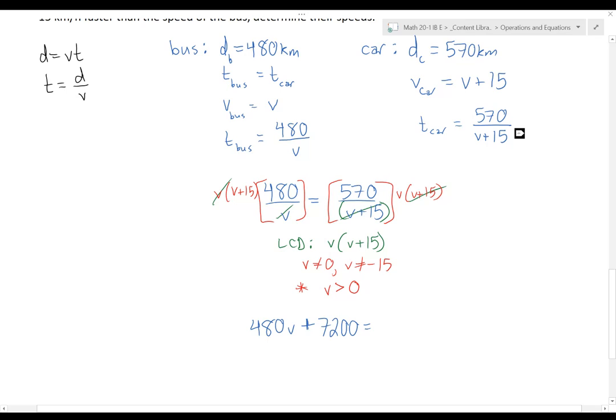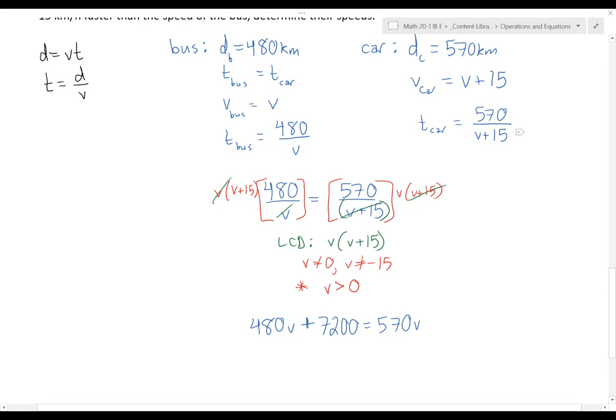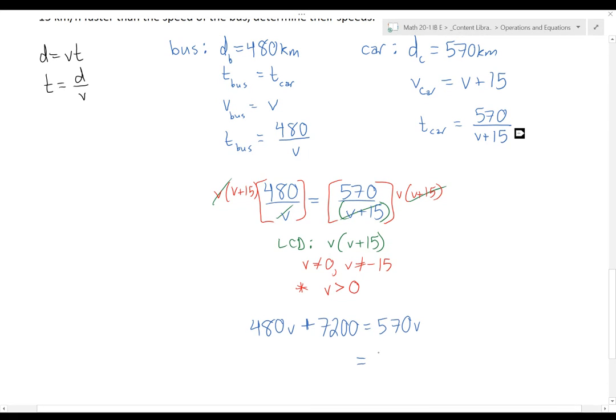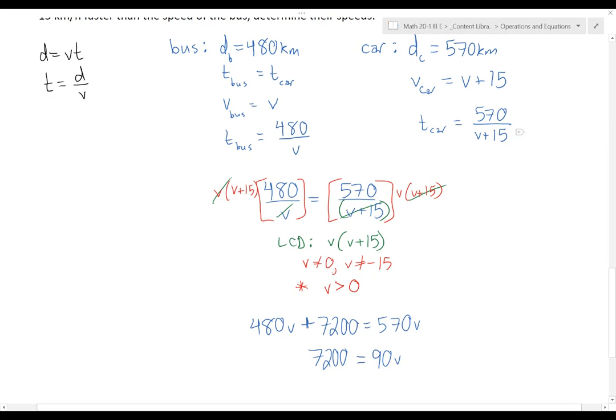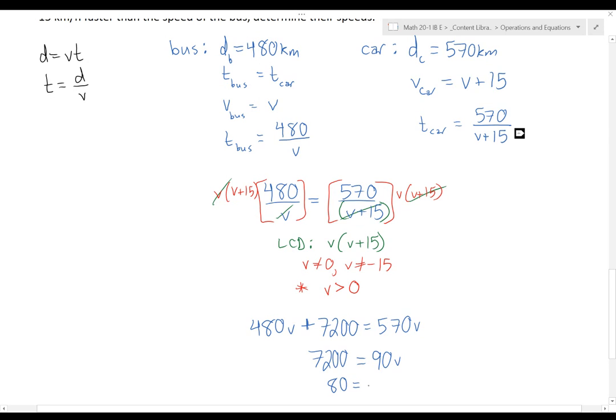And on the other side, 570V. When I subtract 570V minus the 480V to get them onto the same side, I get 90V equals 7,200, and I divide by 90, I get 80 equals V.